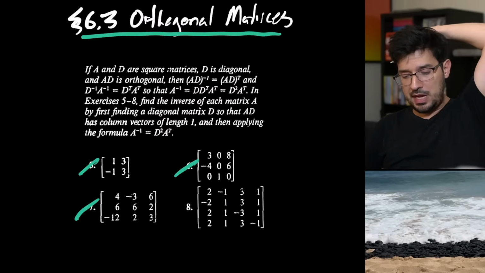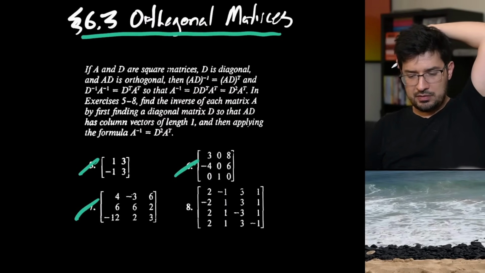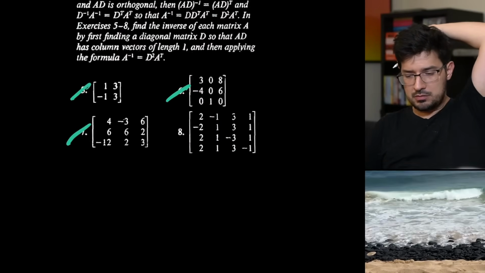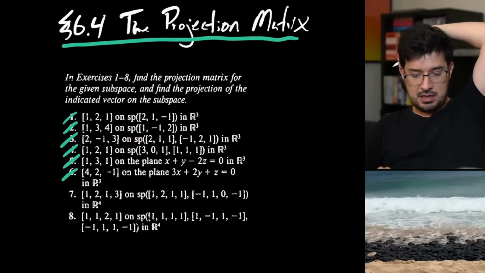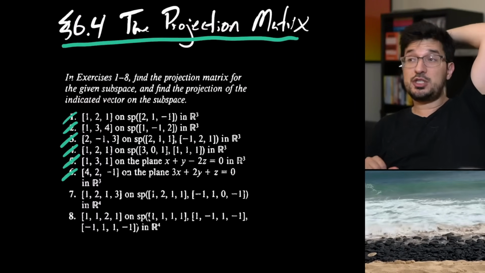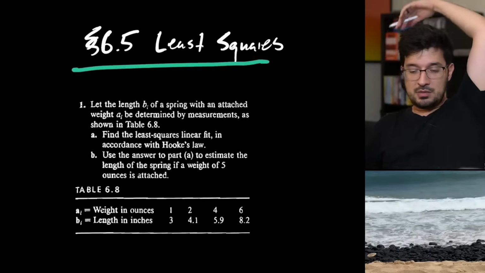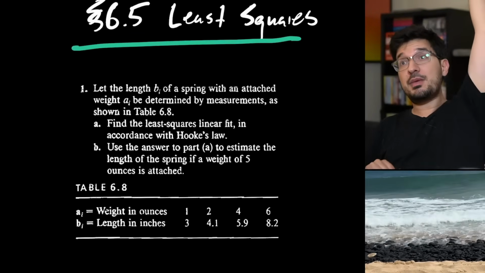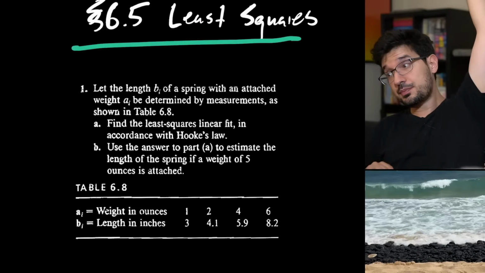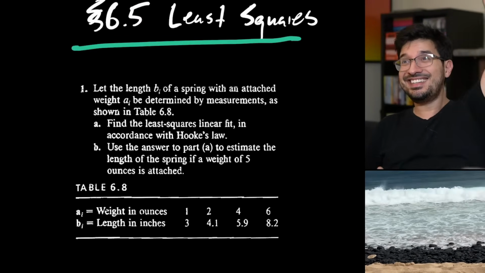We're going to compute A inverse utilizing some facts about orthogonality. Then we're going to find projection matrices, which is a cool topic. And then we're going to look at the method of least squares, if we get to it.